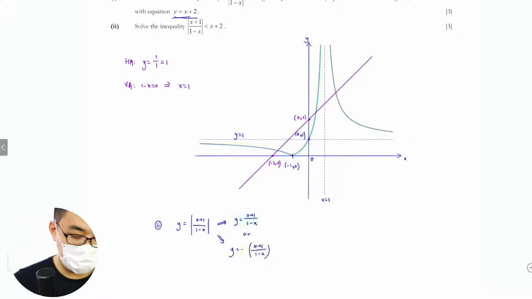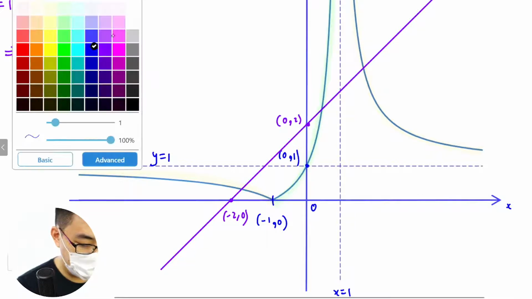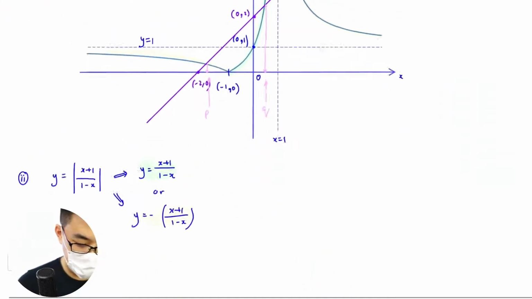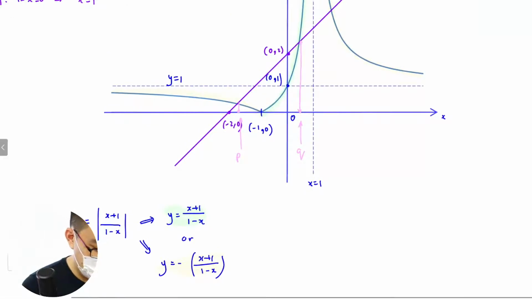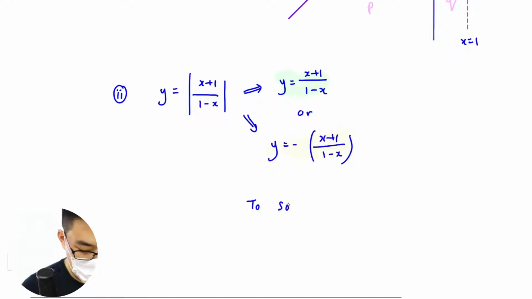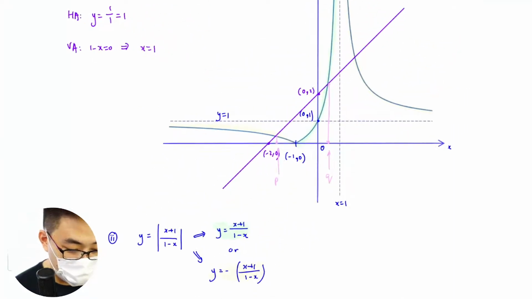Okay. So solve for the inequality. Let's label this as, say, P, Q. Okay, this is P and Q. So to solve for P, actually P at PQR, there's another intersection point here, guys.